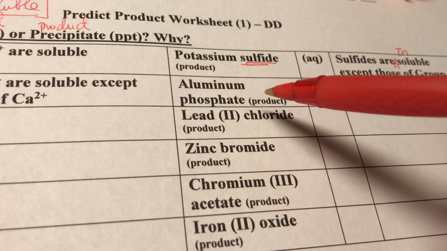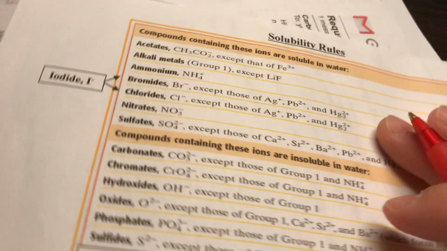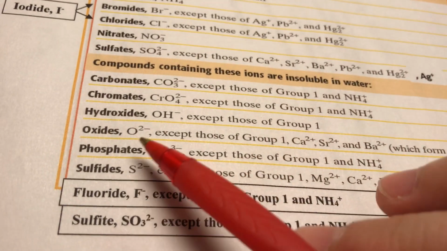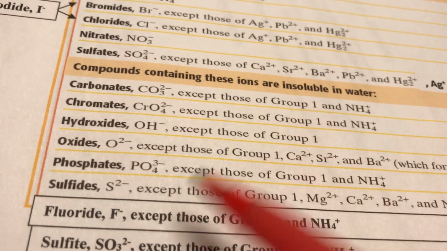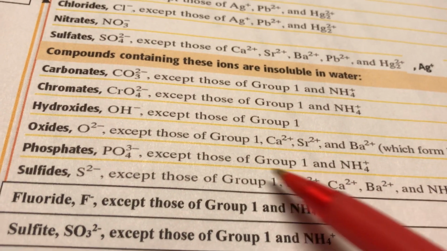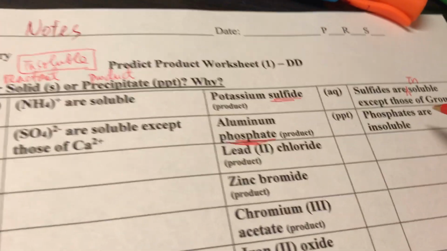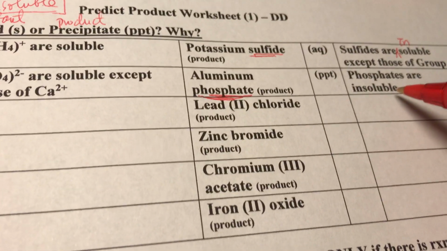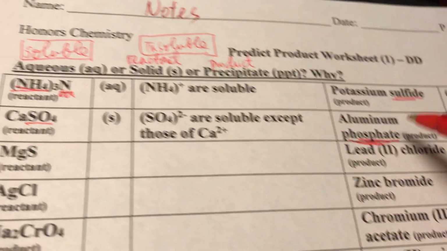And finally, aluminum phosphate. We look up the phosphate. Phosphates are insoluble. We don't have an exception here. Now if it's insoluble, we look at whether it's a reactant or product.